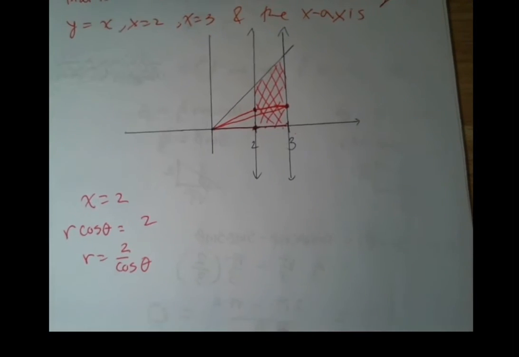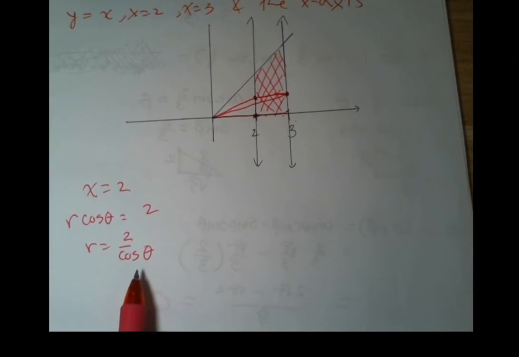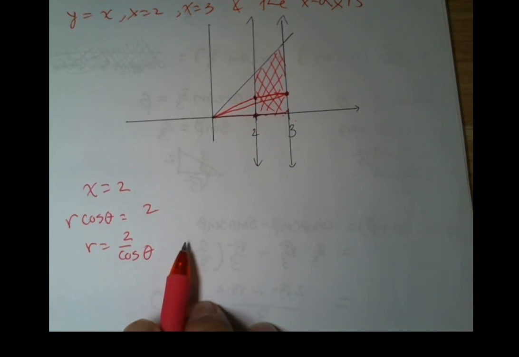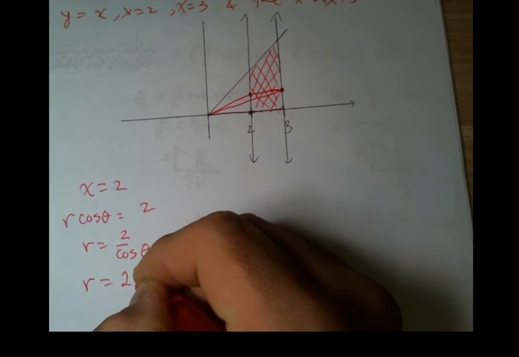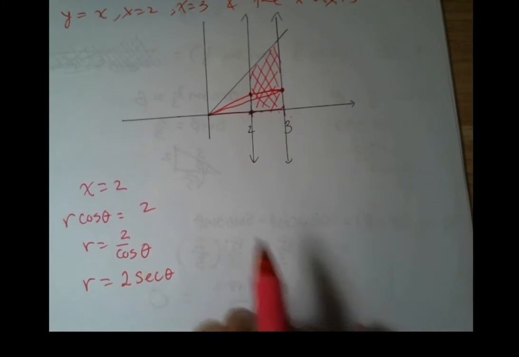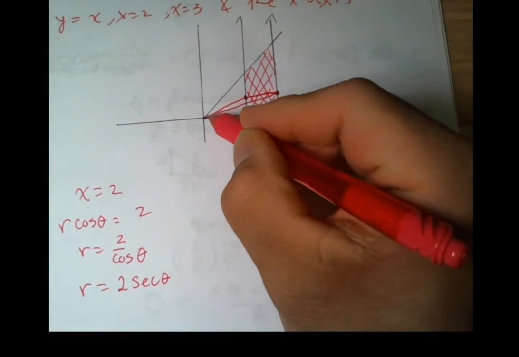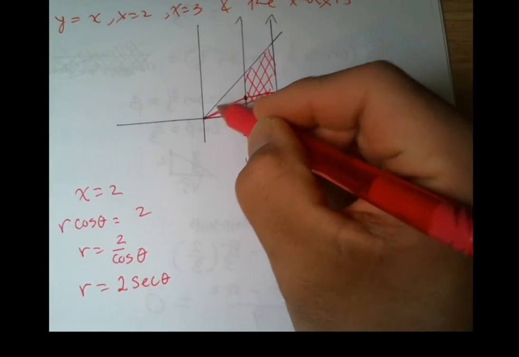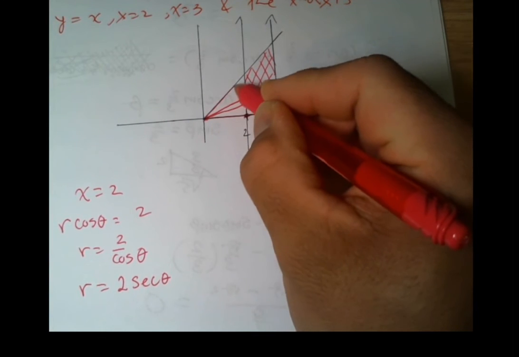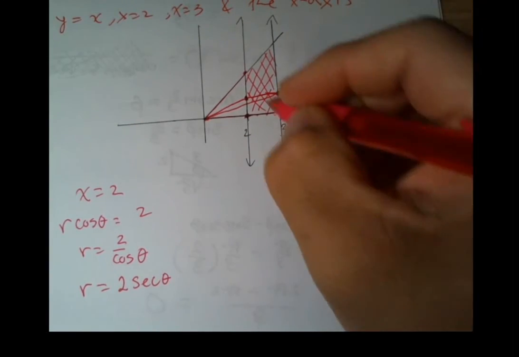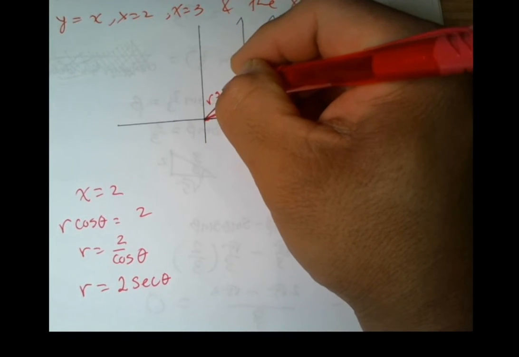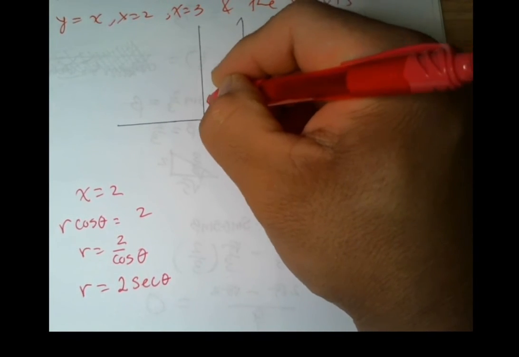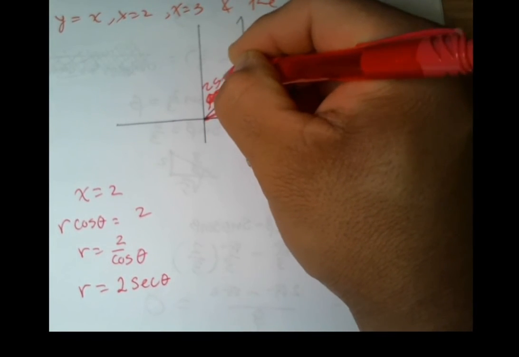And from our previous work with trig functions, 1 over cosine is secant. So r is 2 secant theta. So as it turns out, the distance from here to here depends on the value of theta. So this would be r is equal to 2 secant theta.